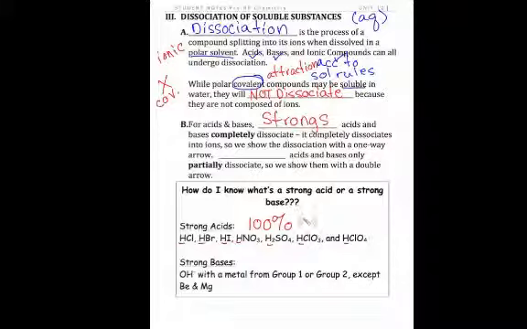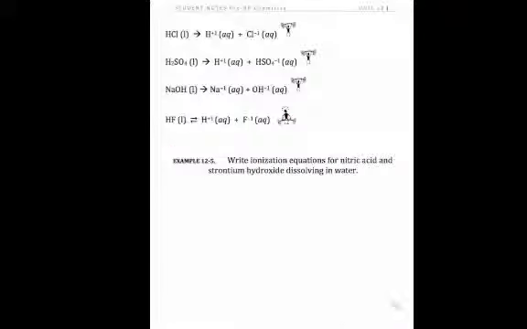And we're going to use a single, unidirectional arrow for our strong acids and bases. Weak acids and bases only partially ionize, so we're going to use a double arrow because they ionize less than 100%. That's some of the terminology that we're going to use here.